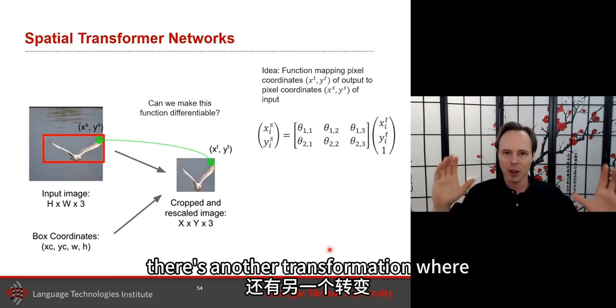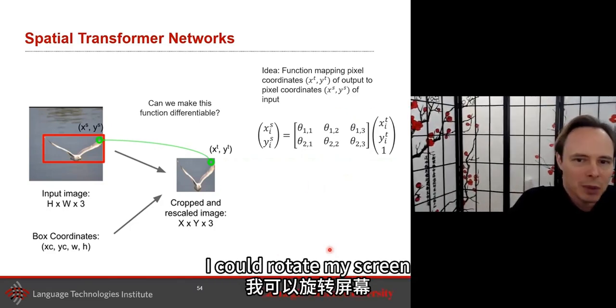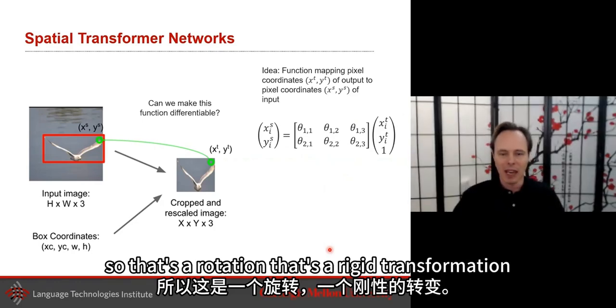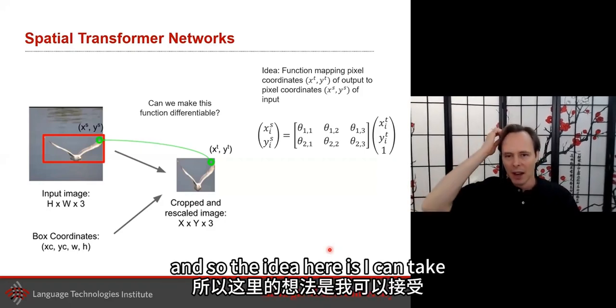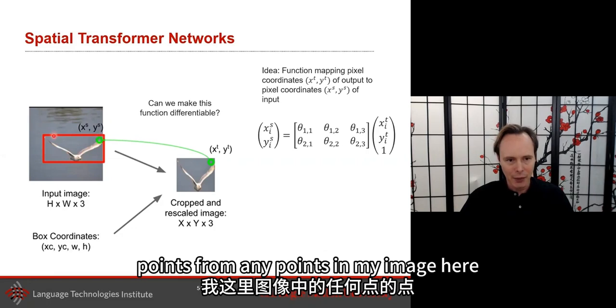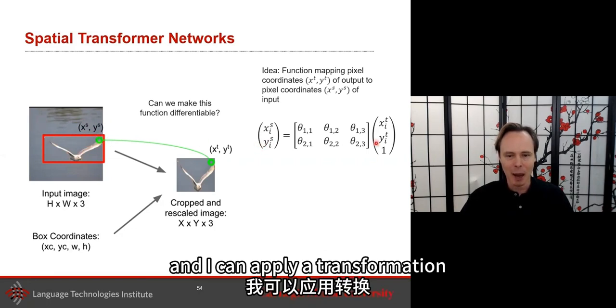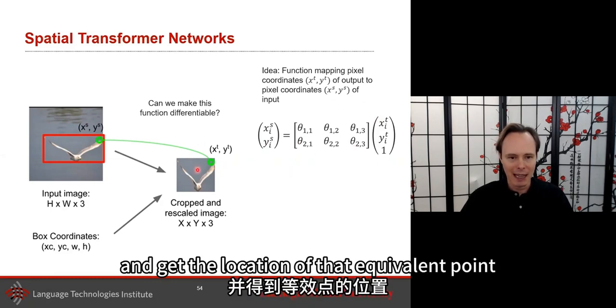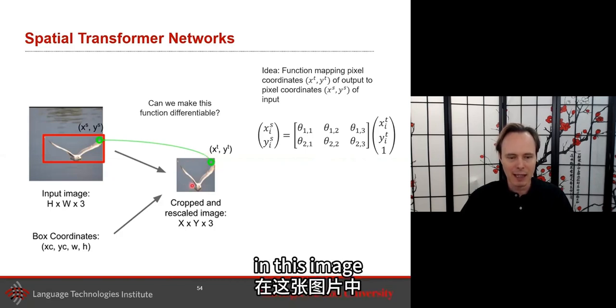There's other transformations where I could rotate my screen. So that's a rotation. That's a rigid transformation. And so the idea here is I can take points from any points in my image here, and I can apply a transformation and get the location of that equivalent point in this image.